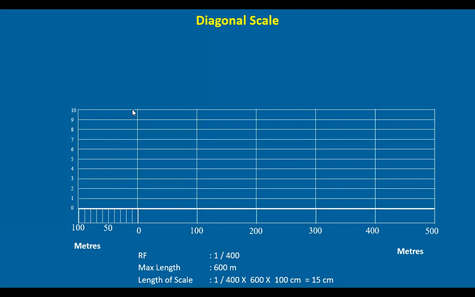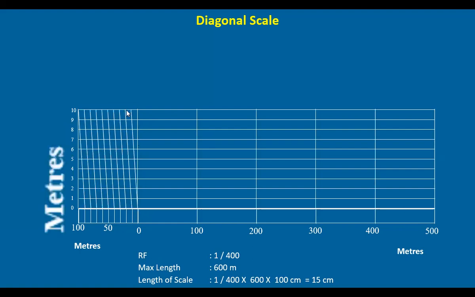This is the first point here. The first point is joined with the 0 like this, second with the 1 like that. So we mark these diagonal scales. Now this distance is 10 meters. Because we have divided this into 10 equal parts, this small length here at first division measures 1 meter. So we are able to measure 1 meter also using this. So this is the diagonal scale ready.